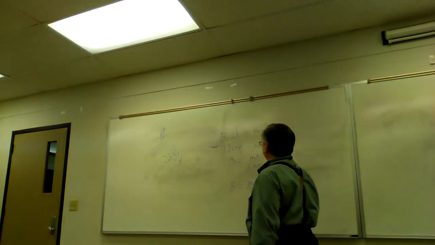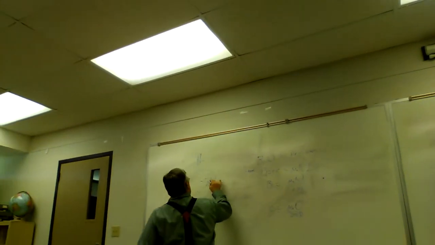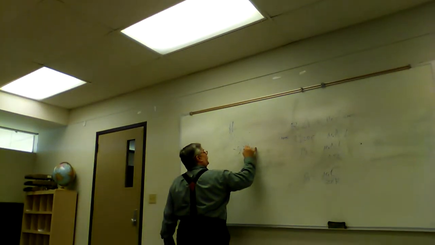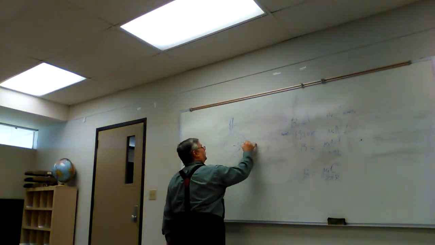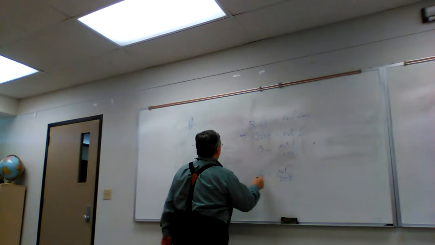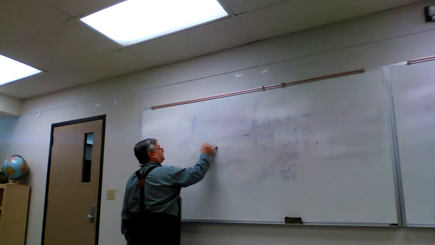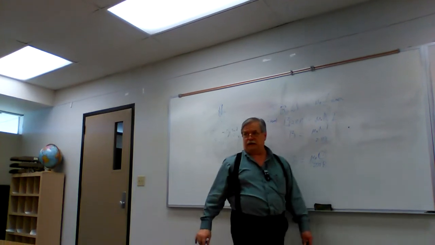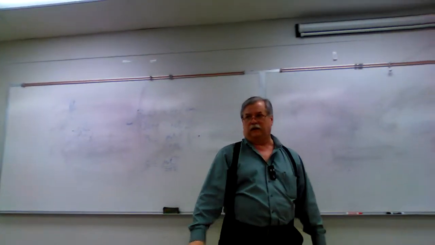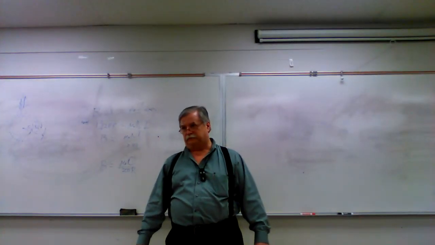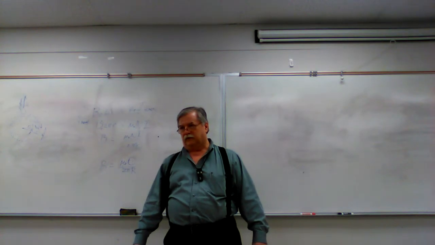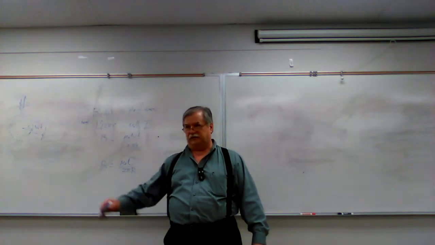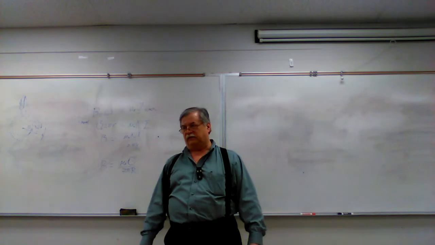That radius is not constant. R is smaller here and bigger here, which means B, the magnetic field, is denser here and more rarefied there. The magnetic field varies inversely with radius. So it is not uniform and constant throughout the whole inside of the solenoid.